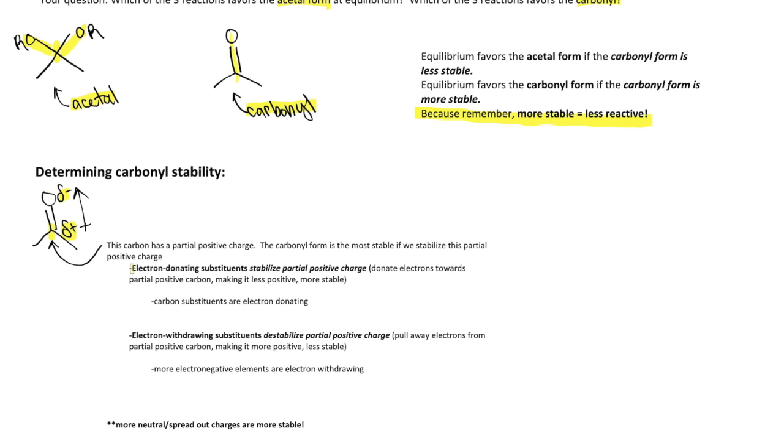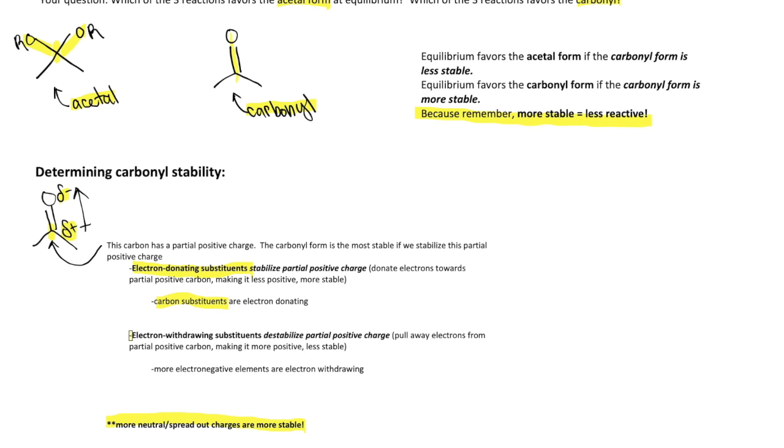Electron donating substituents will actually stabilize our partial positive charge, and examples of electron donating substituents are just carbon groups, because they will push electrons towards this positive charge, making it less positive and therefore more stable, because more neutral charges in general are more stable.